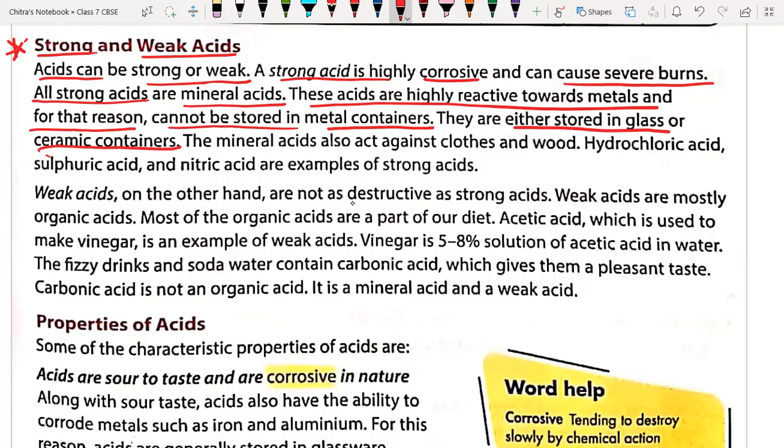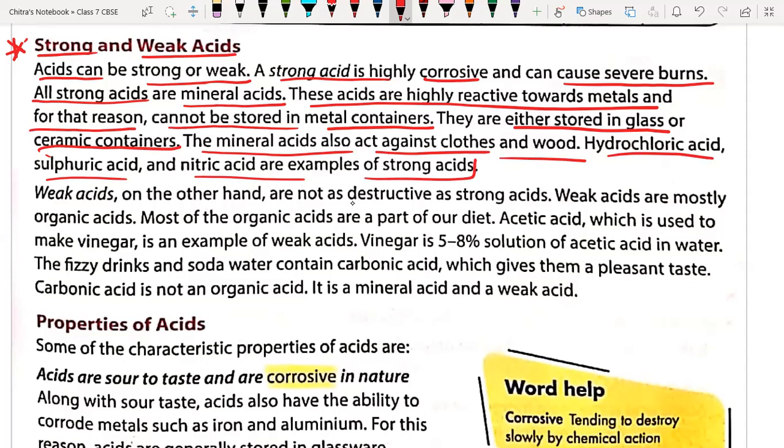In a ceramic container we can store them, or in glass. Mineral acids also act against cloth and wood. When our clothes come in contact with mineral acid, they get destroyed. Hydrochloric acid, sulfuric acid, and nitric acid are examples of strong acids.